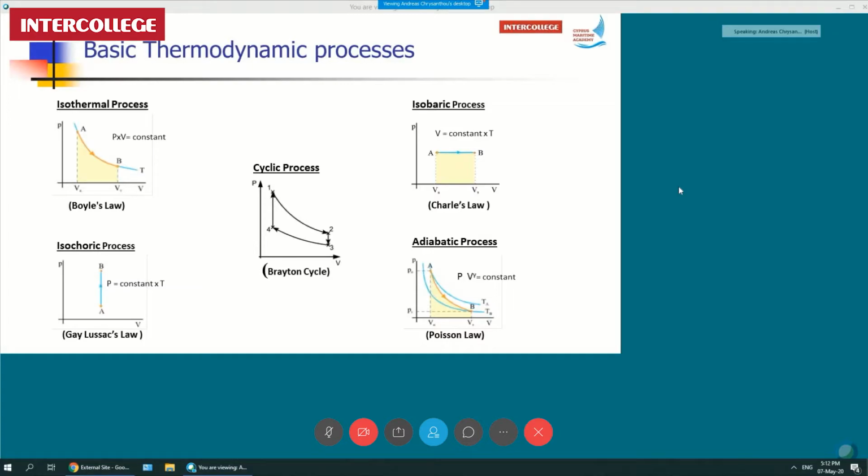Here in the middle, we have a cyclic process, which basically means that a particular substance goes through various such processes, starting from a particular point, and then coming back to the same point again. This is called the cyclic process, and this is what we are going to see mostly today. All the cycles that we are dealing with today are cyclic processes, and this is how the whole engineering setup is made.